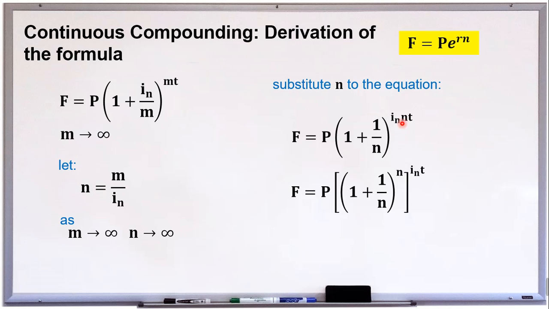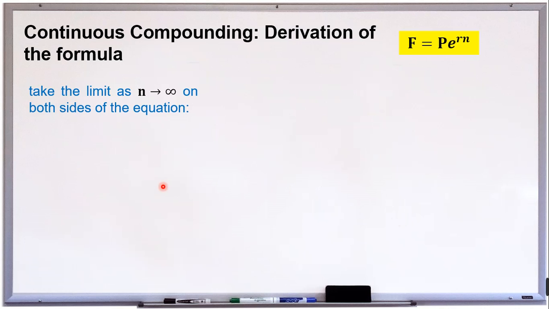Next, we're going to extract the exponent. For the inner expression inside this brace, we have 1 plus 1 over n raised to n, and we have an outer exponent of i_n times t. Next, we apply a limit on both sides of the equation as n approaches infinity.